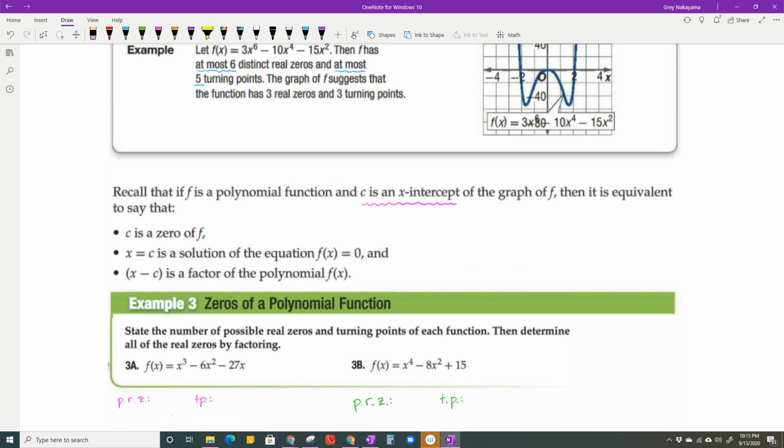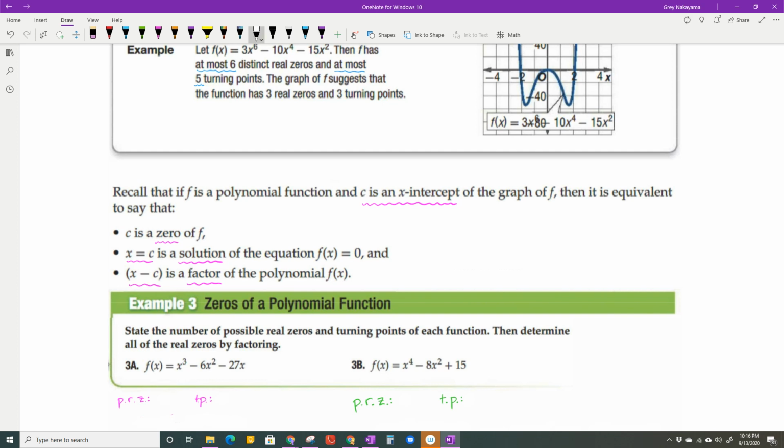If we know that a number is an x-intercept, then we also know that it is a zero of the function. X equals c is a solution of the related equation, and x minus c is a factor of the polynomial.